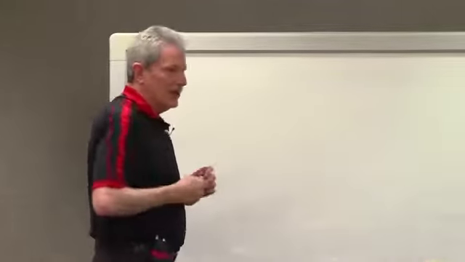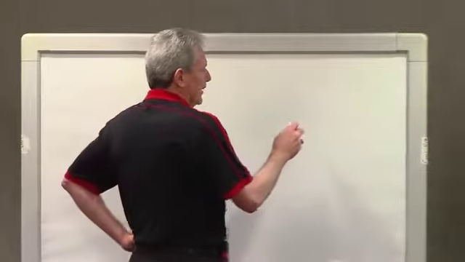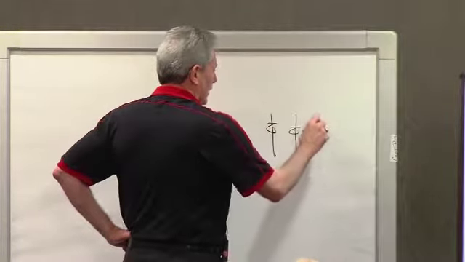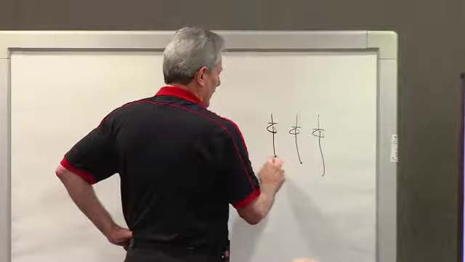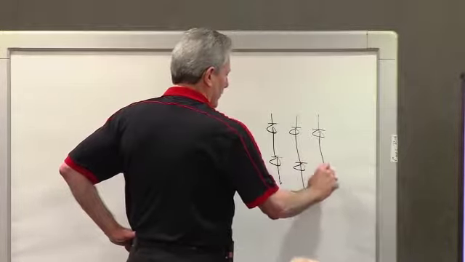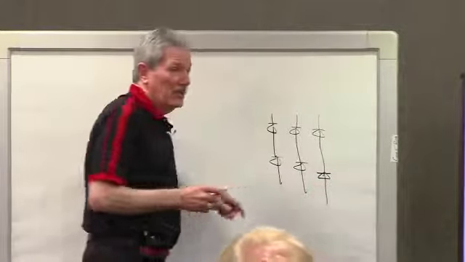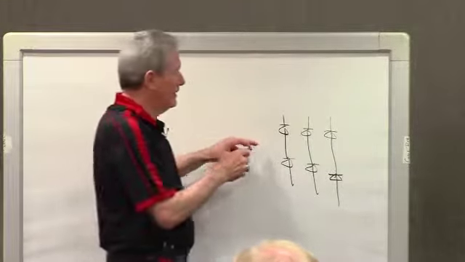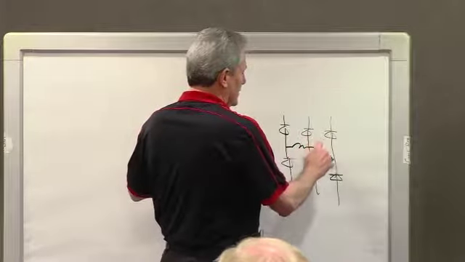Let's go back to our drawing and talk about the diode trio. Now this was 68, so this was before we had Zener diodes, avalanche diodes.